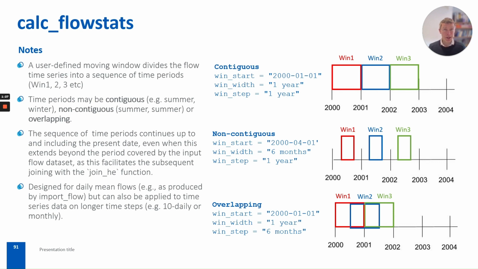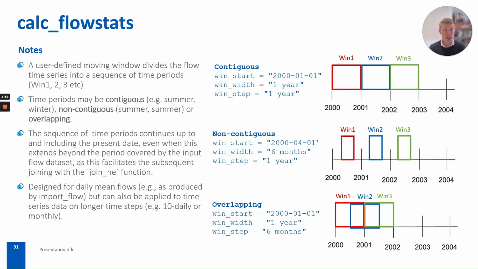We've got a lot of flexibility or control as the user about how we define that moving window. We can control the start of the moving window, that's the first day of the first window, the width of the window, and also how much the window steps on each time. And as shown on the slide, we can use it to generate contiguous time windows, for example, annual time windows, non-contiguous time windows.